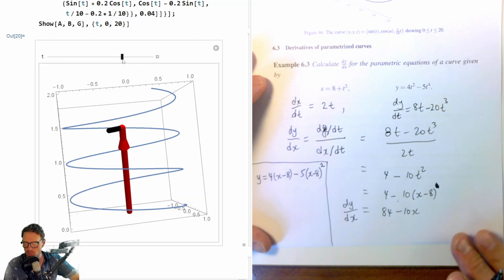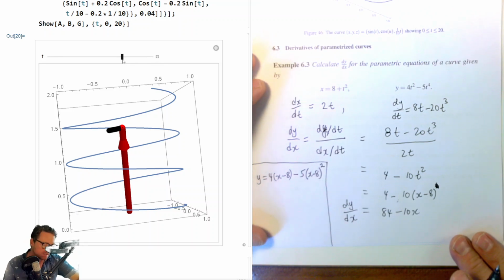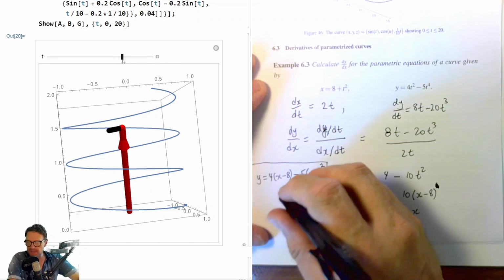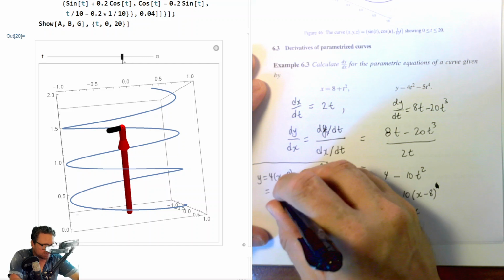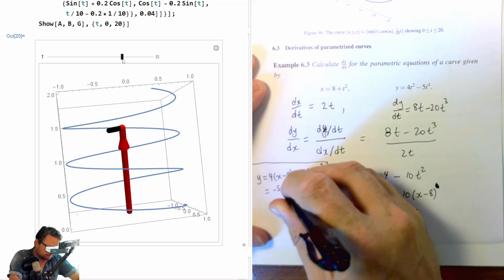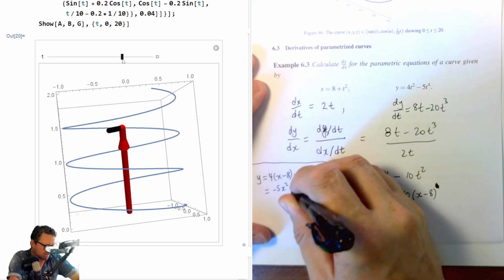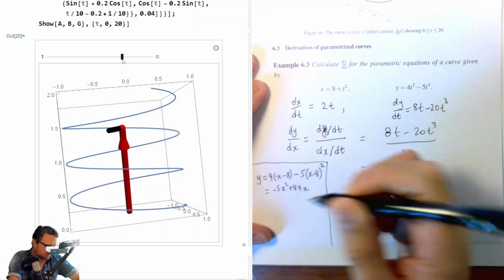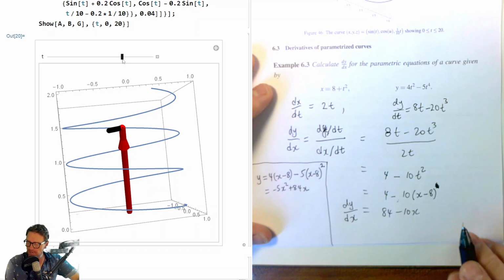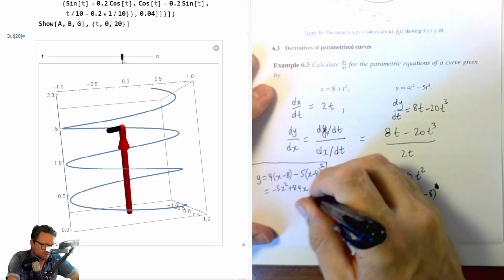Okay, so that gives us a quadratic equation. So now if we expand this, we're going to get minus 5x squared plus 84x, and then minus 352, I think.